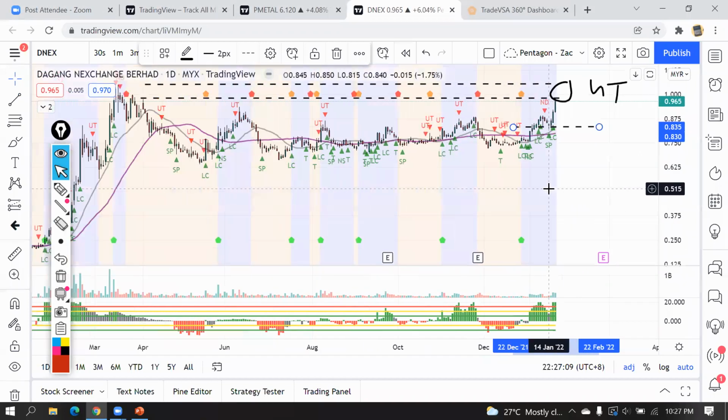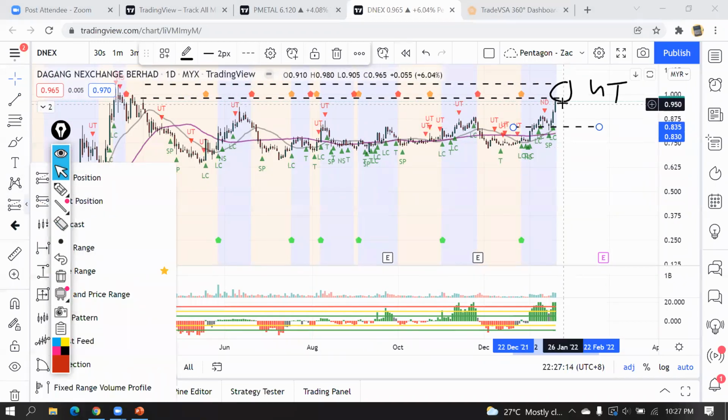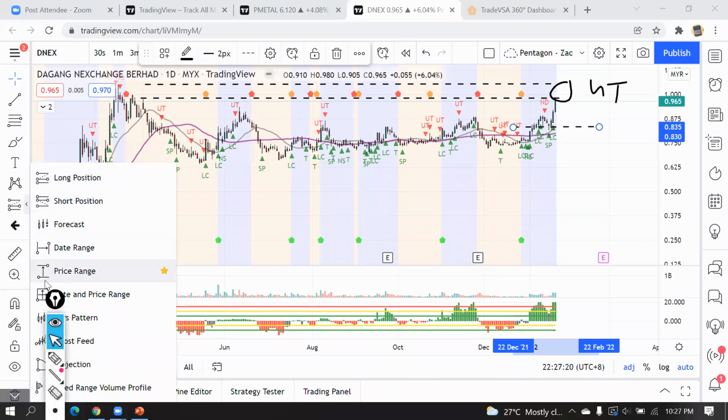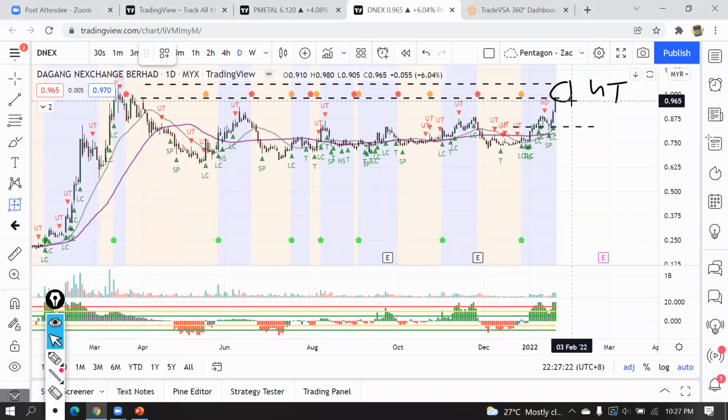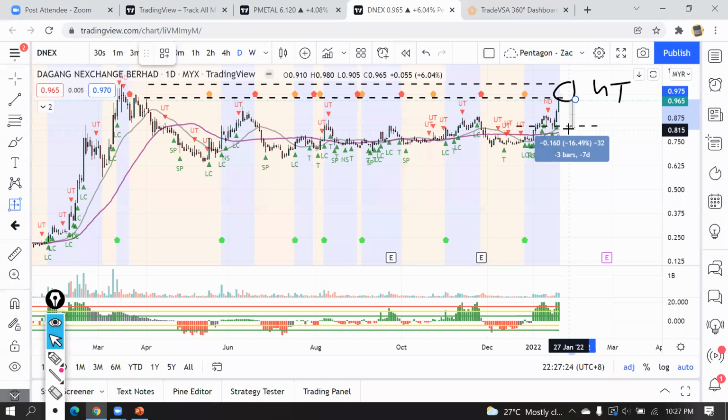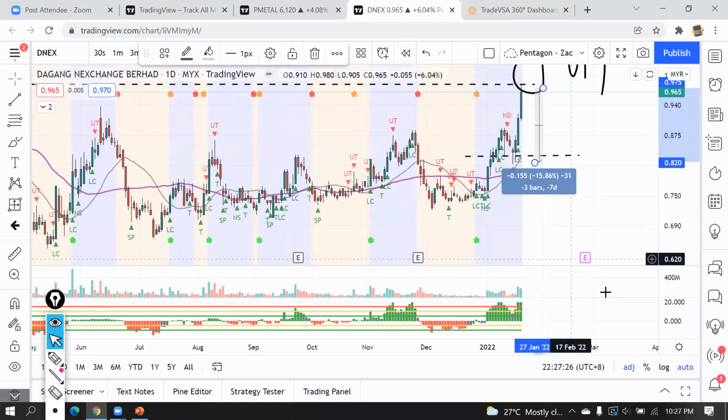So for those who are looking for entry, this will be your potential risk, of 15 to 16% from the current R1 to the support of 83. So this will be the risk that you're taking, 15 to 16%. Do you think it's okay?